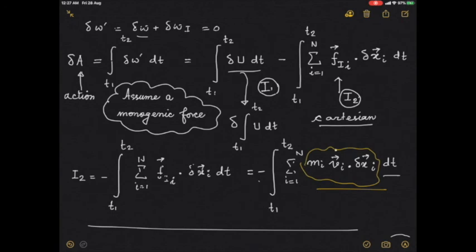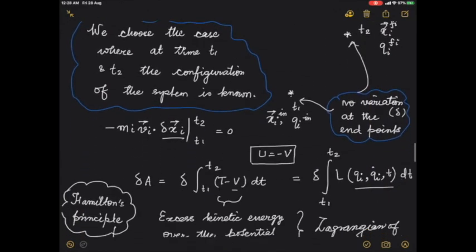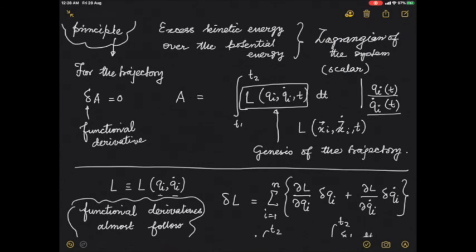Then we explicitly showed how, using D'Alembert's principle for a simple case of a monogenic force, we can write that integral in a monogenic form. And that form we wrote in terms of a scalar, which gives you the genesis of the trajectory. We call it the Lagrangian function, and we said it has all the information about the system.